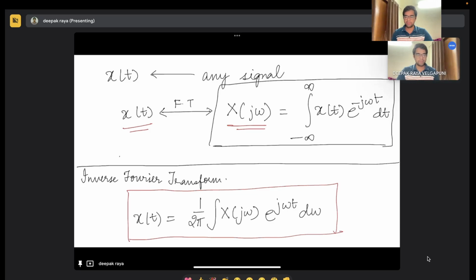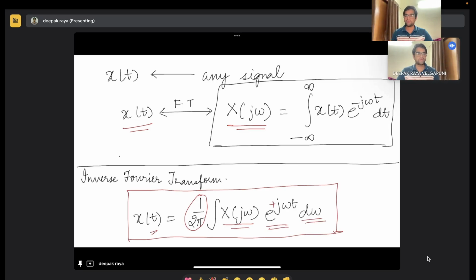It is very simple. x of t is 1 by 2 pi times the integral of the frequency domain information X of j omega and the complex exponential with a positive sign, and you're integrating across omega because you want a function of time.